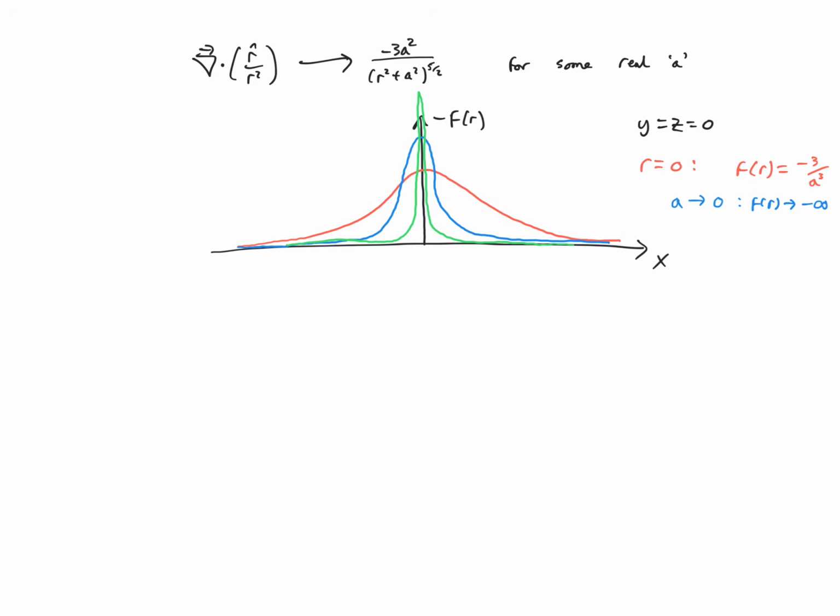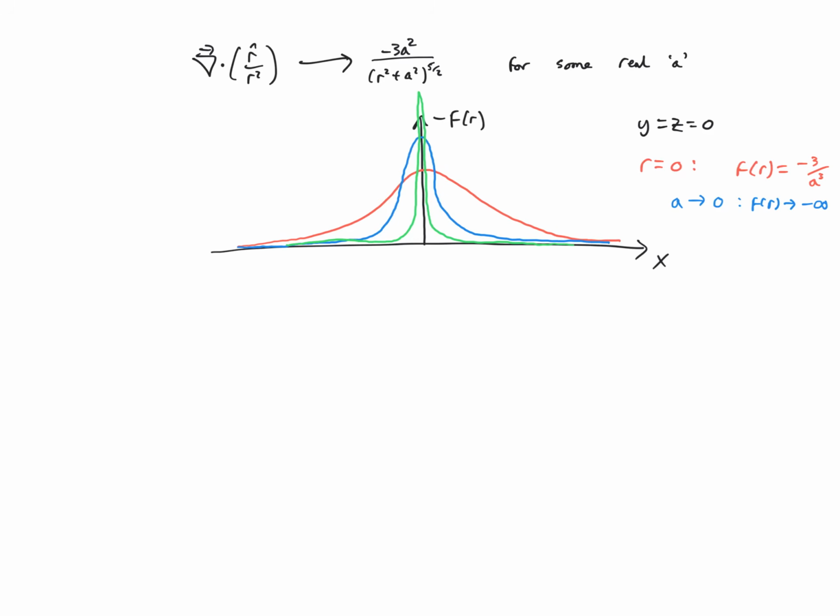So this function that we've come up with here, this f of r, is actually a representation of the delta function, the Dirac delta function, or the delta distribution, you could call it more properly, because it is something that is well defined for some real finite value of the parameter a.